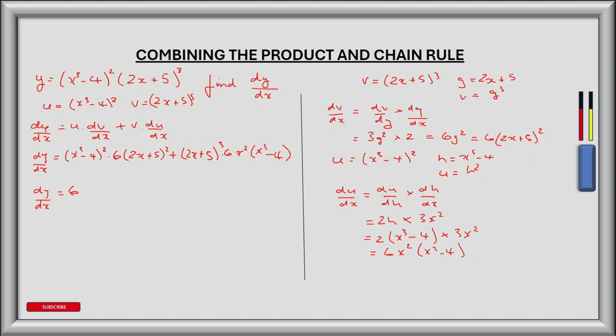We can take a 6 out and an (x cubed minus 4), and we can remove (2x plus 5) squared. And then we can multiply that into a bigger bracket of (x cubed minus 4) plus (2x plus 5) multiplied by x squared.